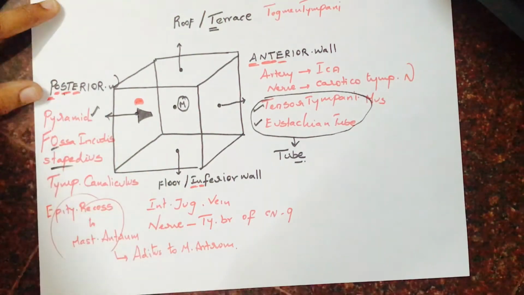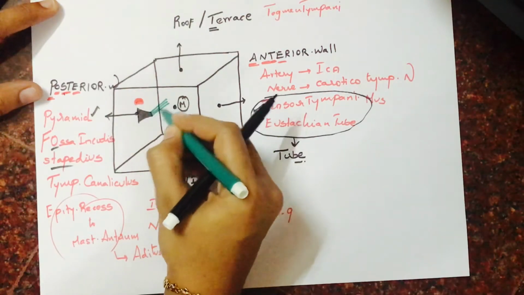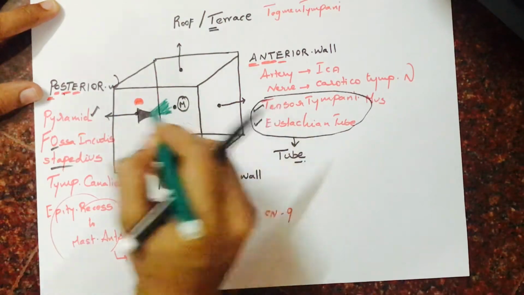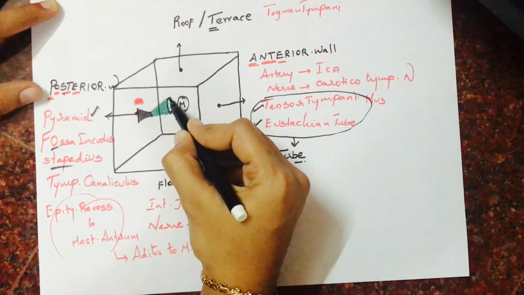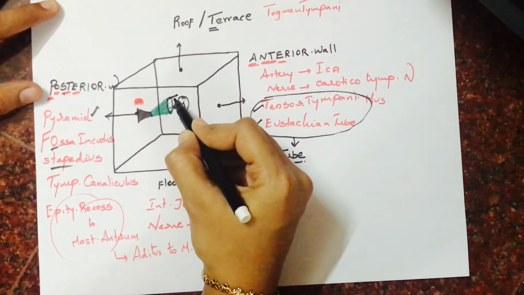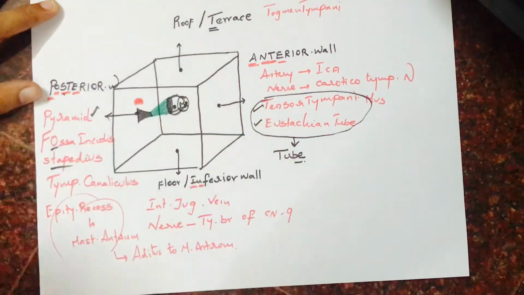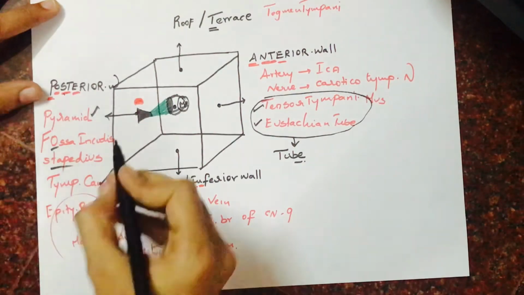Third letter S stands for Stapedius, which is a muscle which gets attached to the pyramid, and inserts in the neck of the stapes. Where is stapes? The foot plate of the stapes closes your oval window present in the medial wall.